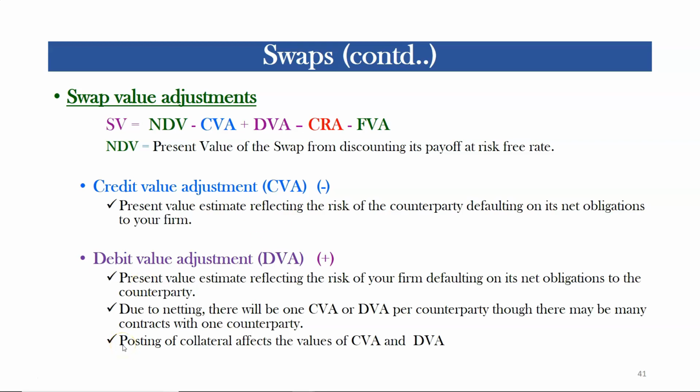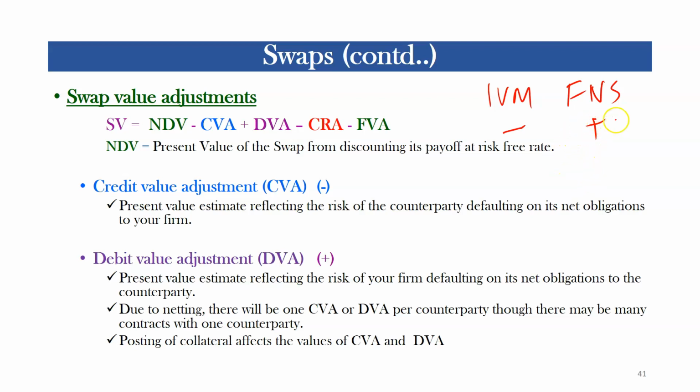Debit value adjustment, that is DVA, is a mirror image of CVA and it reflects the firm's risk of default to the counterparty on the swap. In our example of IVM, the two parties are IVM and FNS. So when the swap has a negative value for IVM, it has a positive value for FNS.